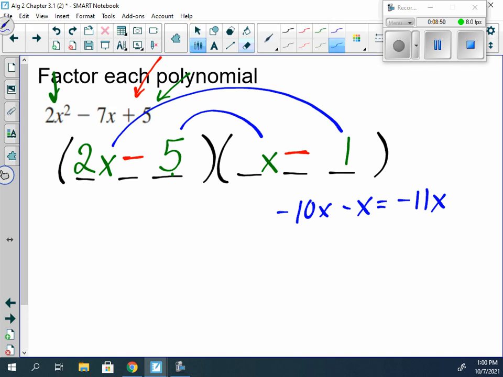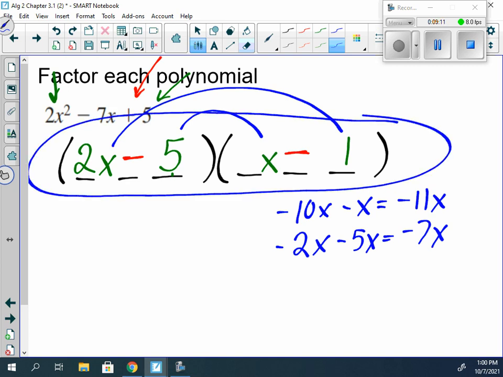We just need to change one of them. Now, when we do this here, we check it again. 2x times negative 1 would be negative 2x. Negative 5 times x would be negative 5x. And negative 2x minus 5x would be negative 7x. Is that what we wanted? So that's our answer.